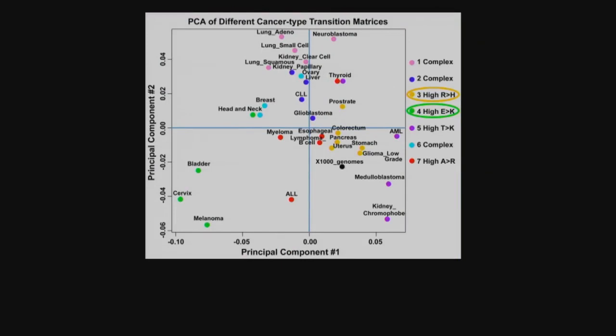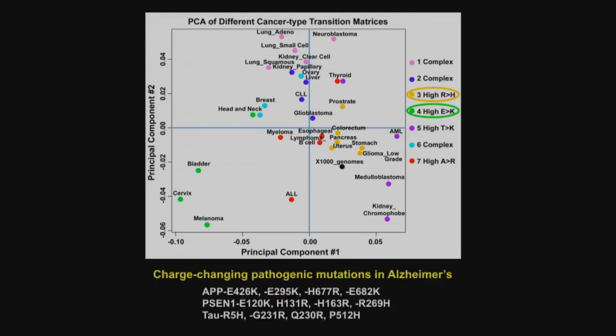And what we're finding is that a lot of mutations involve a change in protein charge. And this really has not been talked about, but I think it's going to be possibly relevant to mutations we see in Alzheimer's, in which there are a lot of mutations that involve a change in charge of the protein.